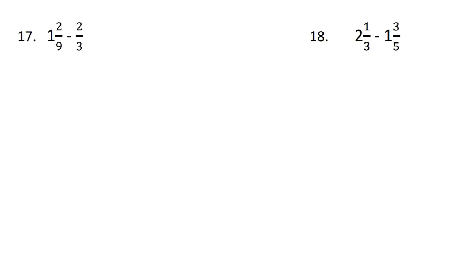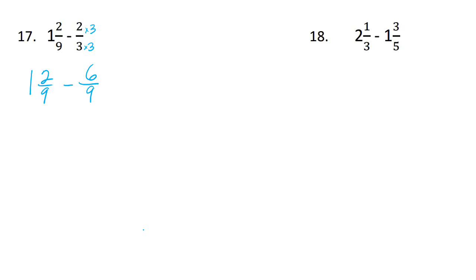So next we're going to do number 17 and 18. So we notice that these are subtraction problems. So let's go ahead and find common denominators for number 17. So our common denominator is 9. So 2/9 is equal to 2/9. 2/3, we know that we can multiply the top and bottom by 3 to give us 6/9.